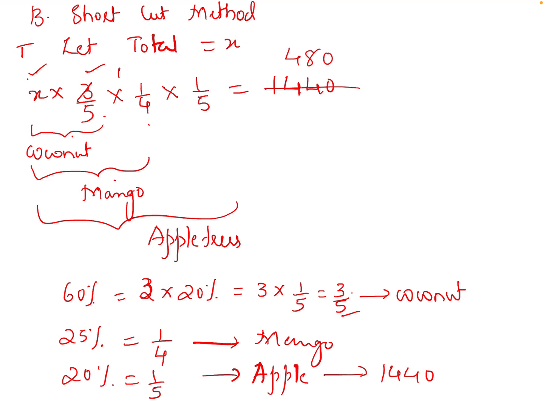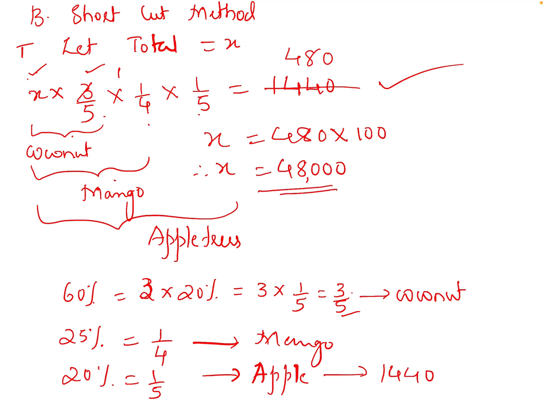And here it is 5 fives are 25, 4 fours are 100. So x is equal to 480 into 100. Therefore, x is 48,000. So in just one line we got the answer. x is 48,000. So this was the shortcut method.